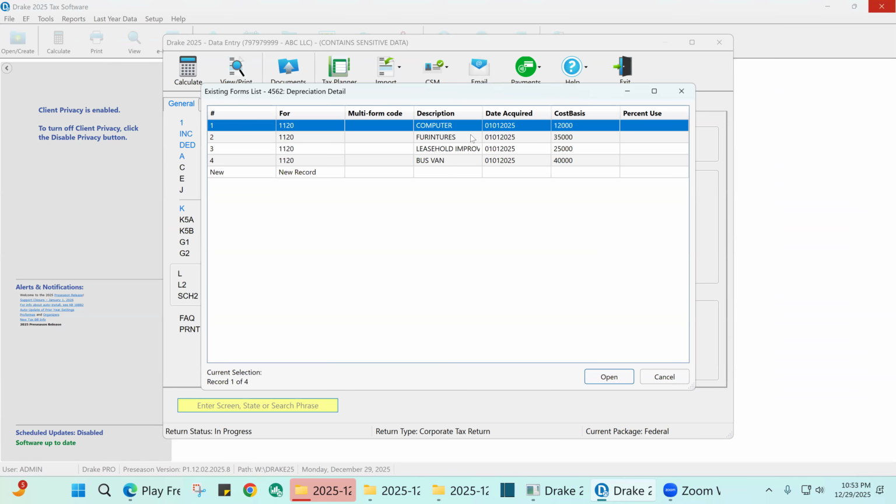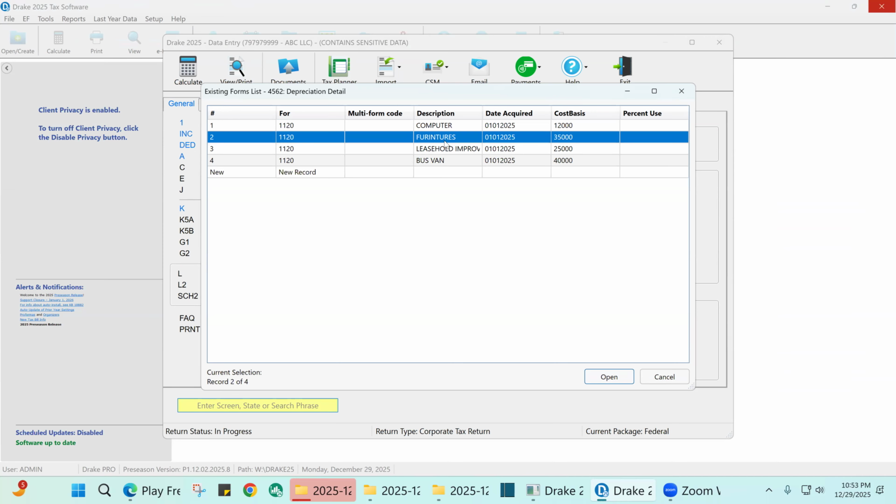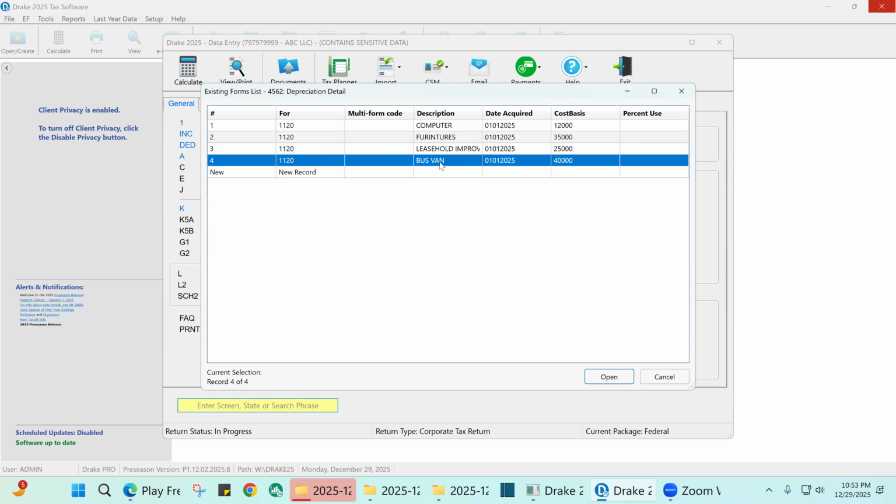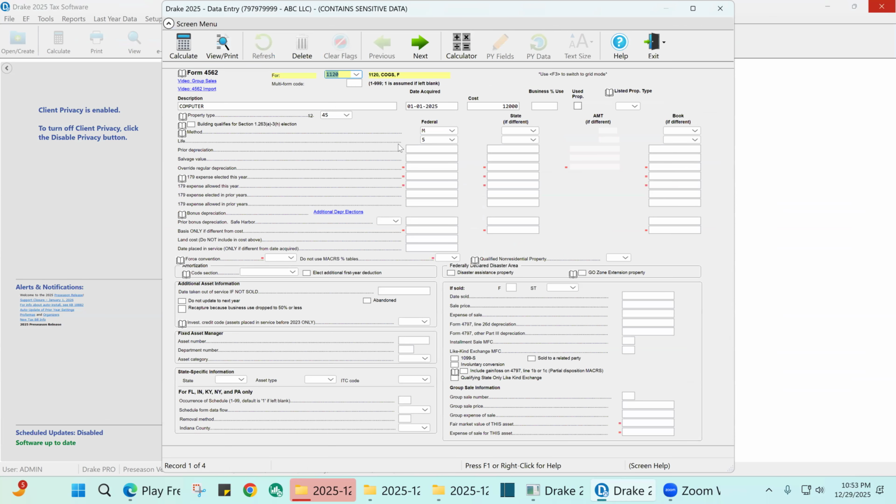Some computer, they do furniture, leasehold, and business card. So this is 5 years. Step down, page down, is furniture 7 years. Leasehold improvement 15 years. You say, why 15 years? The law says so.